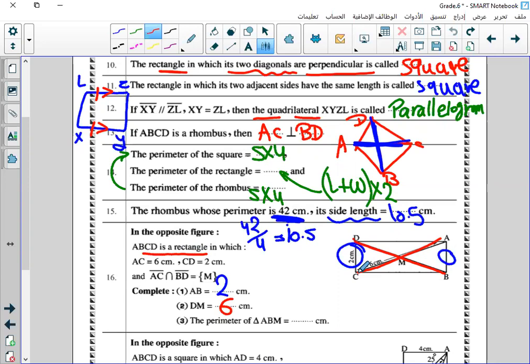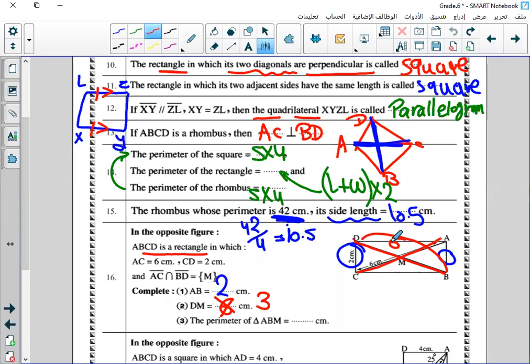So DM is not equal to 6 centimeters. DM will be equal to 3 centimeters, but DB equals 6 centimeters, and DM equals just 3 centimeters.